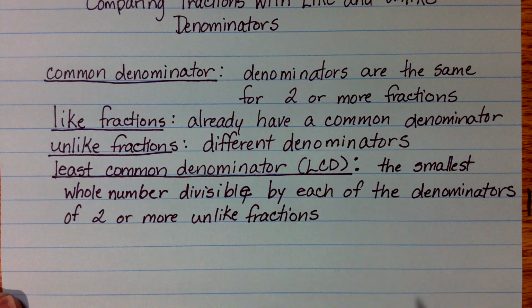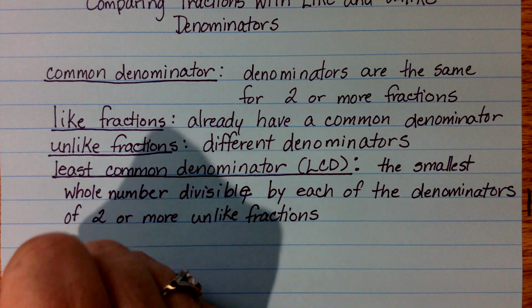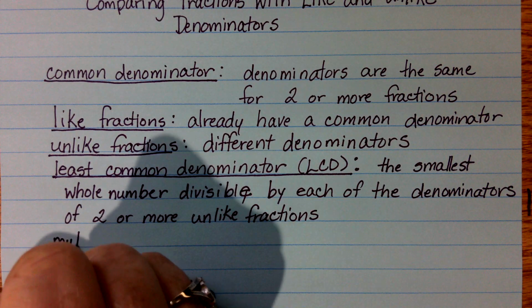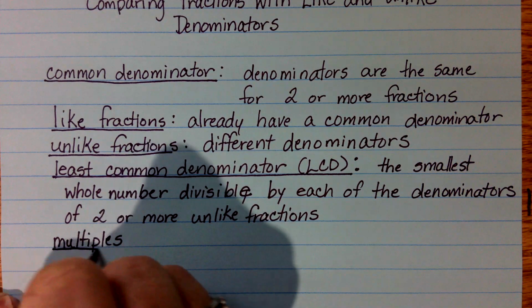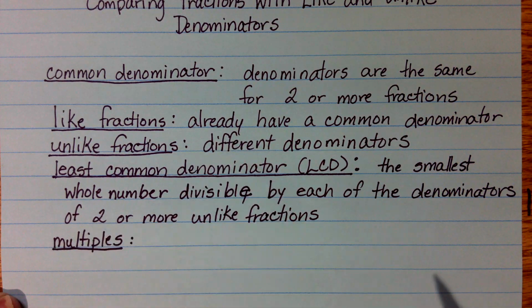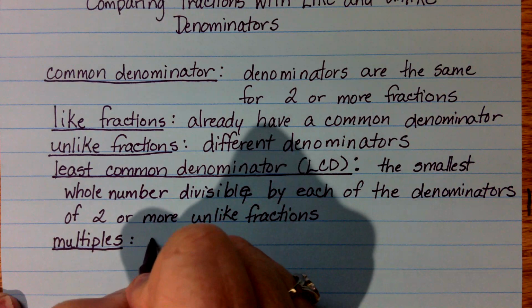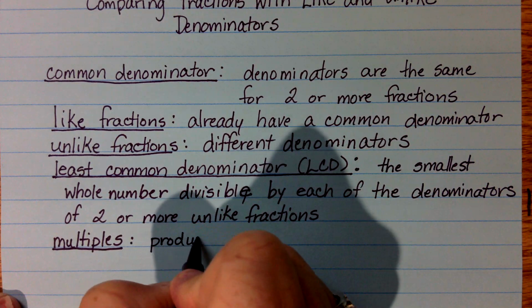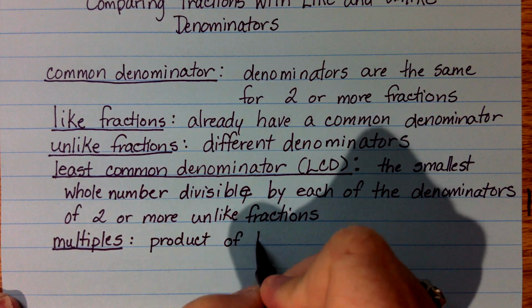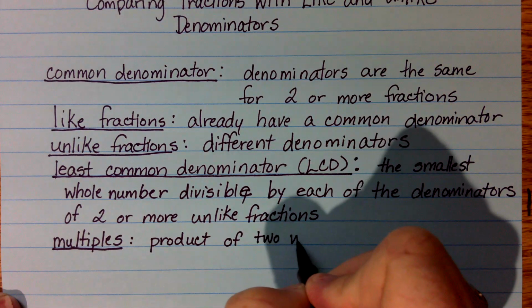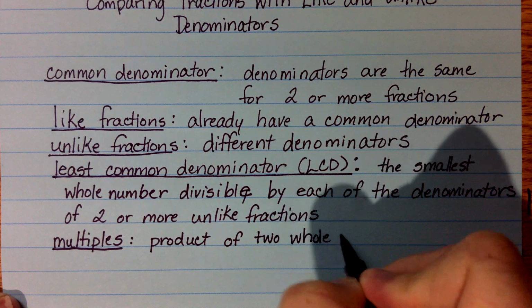To find a least common denominator, we have to look for multiples of numbers. So multiples is your next vocabulary word. And multiples are the product of a whole number multiplied by another whole number. So it's the product of two whole number factors.